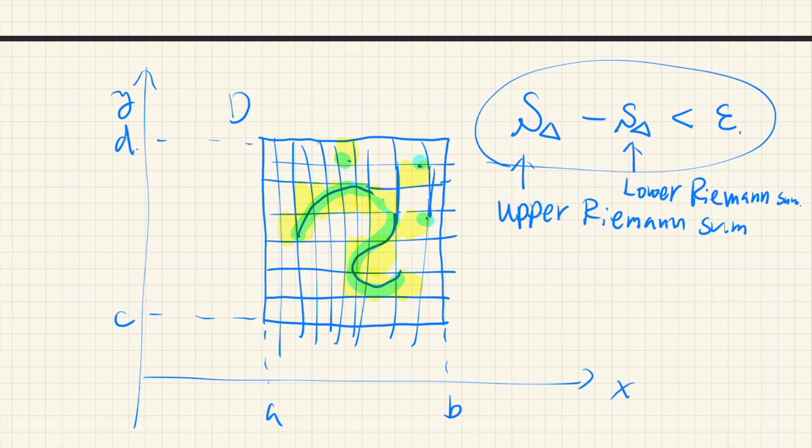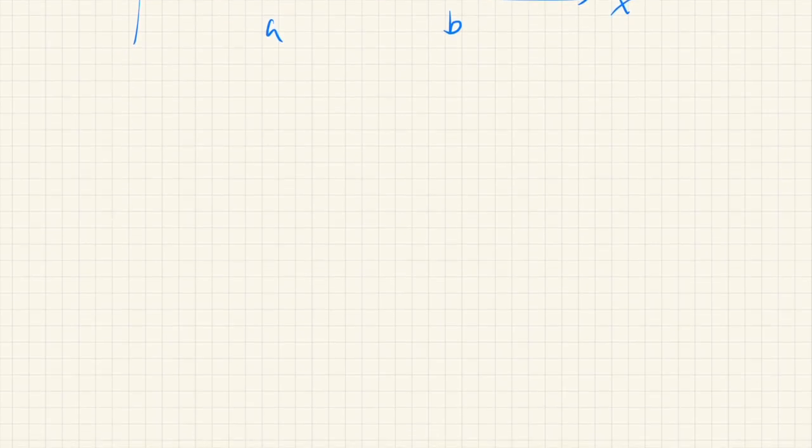So the area of this yellow region can be made arbitrarily small. Therefore, they do not contribute to the Riemann sum, and the upper and lower Riemann sums converge to the same value, and the function is therefore integrable. And that's the idea. We prove it in 3 steps.